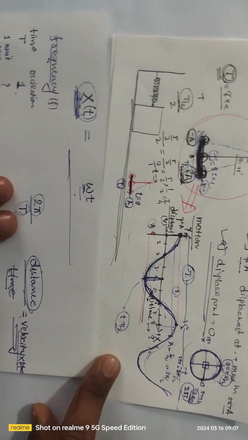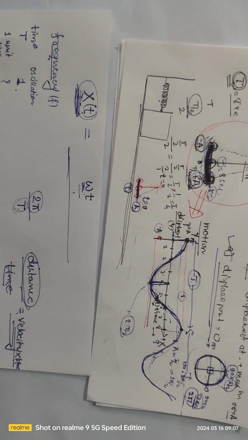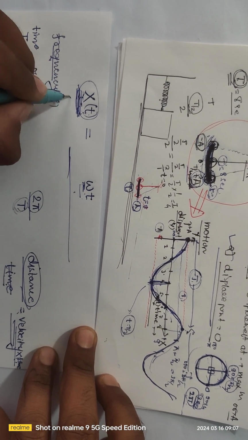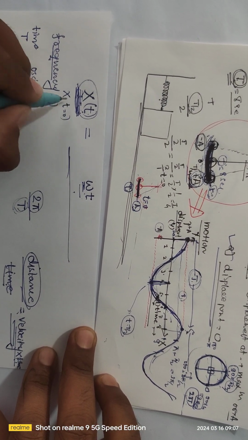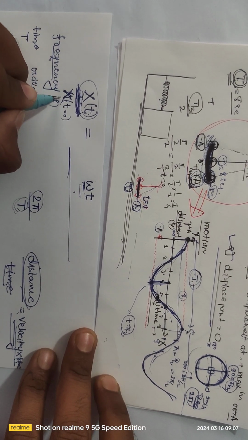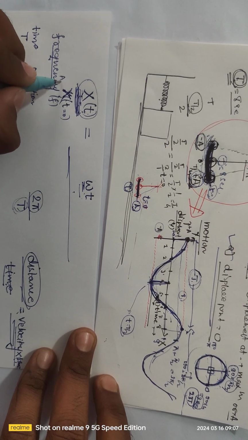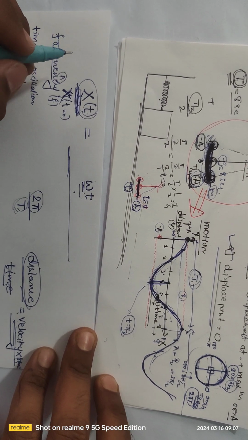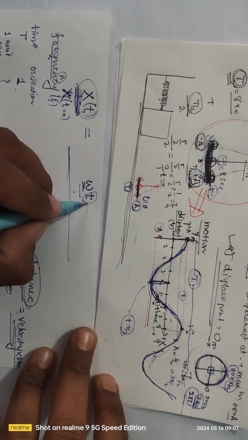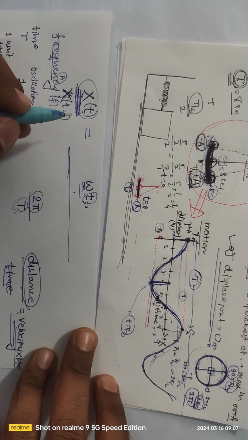So at t equal to 0, the position x is at a. Here I have to take t equal to 0.